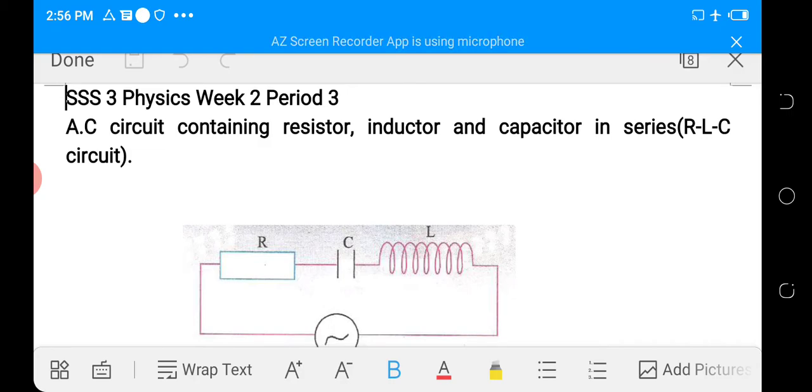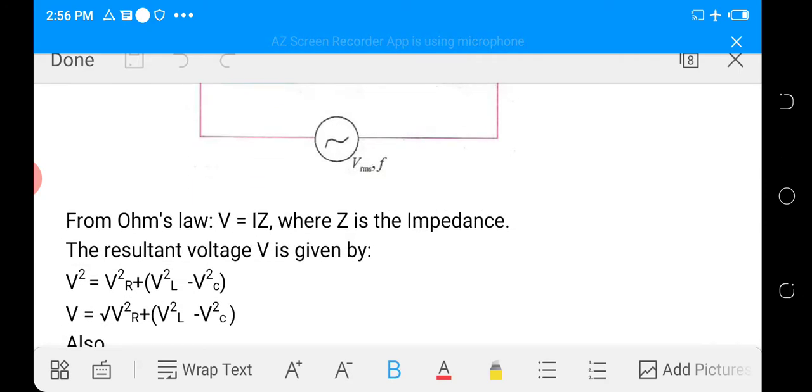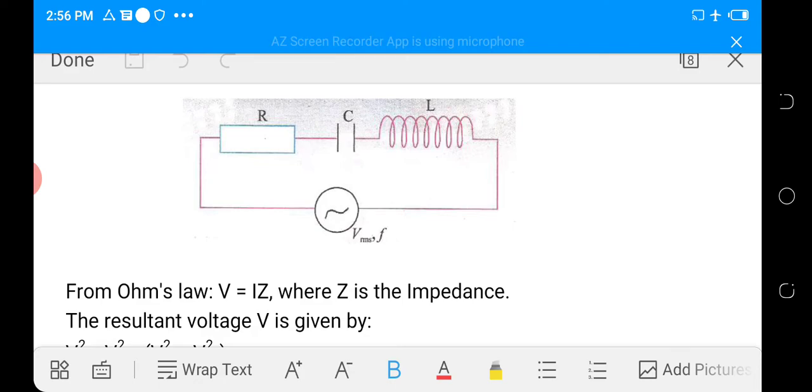As shown in the diagram, the three are connected in series to an AC source of voltage V and frequency F. You can see the resistor, the capacitor, and the inductor all in series. When this is done, the opposition to the flow of current in an AC circuit containing all the three in series is known as impedance.